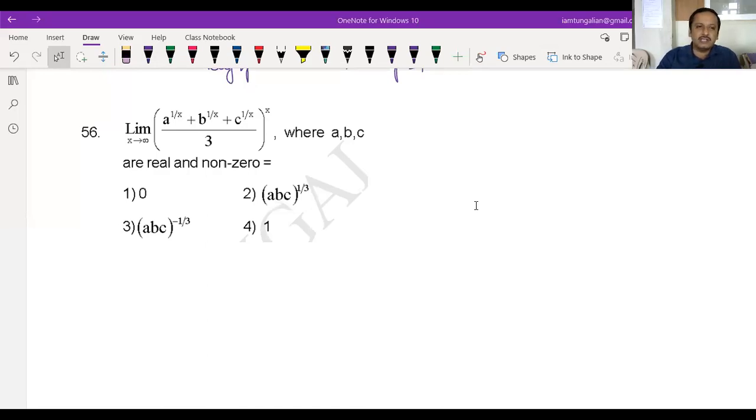There is a shortcut here. The direct answer will be (abc) to the power 1 by 3. The second option is the correct answer.